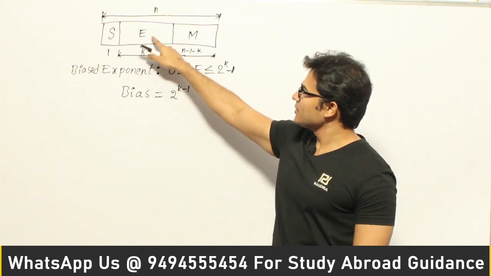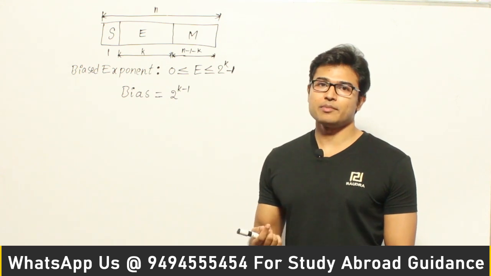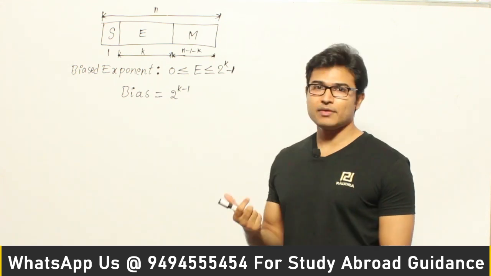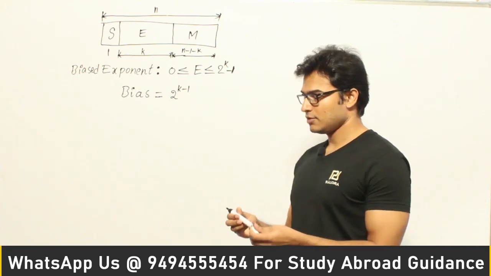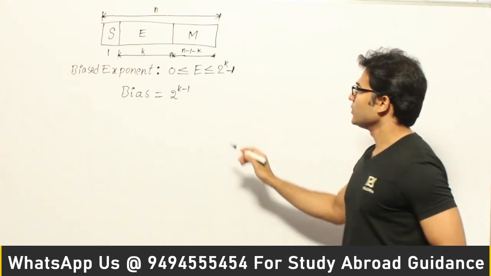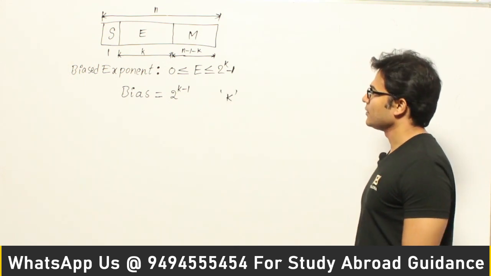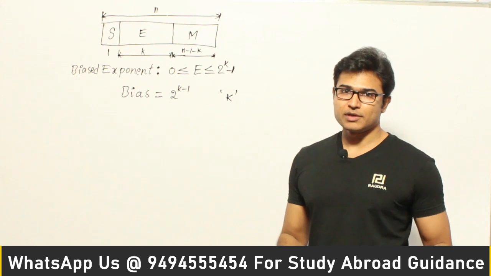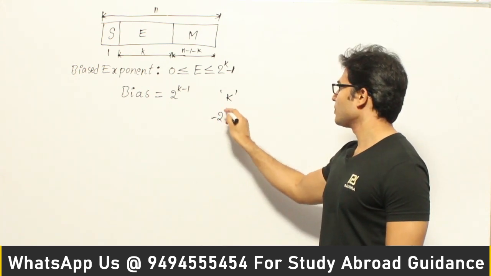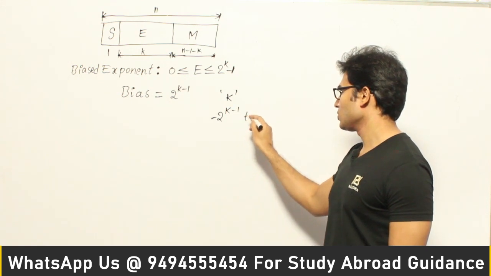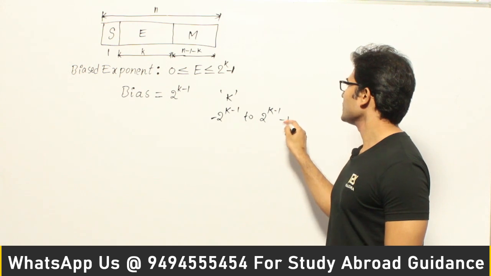Now if you have k bits given for exponent, and if you are going to represent a 2's complement number in this, the range of numbers that I can represent in 2's complement is going to be minus 2 power k minus 1 to 2 power k minus 1 minus 1.